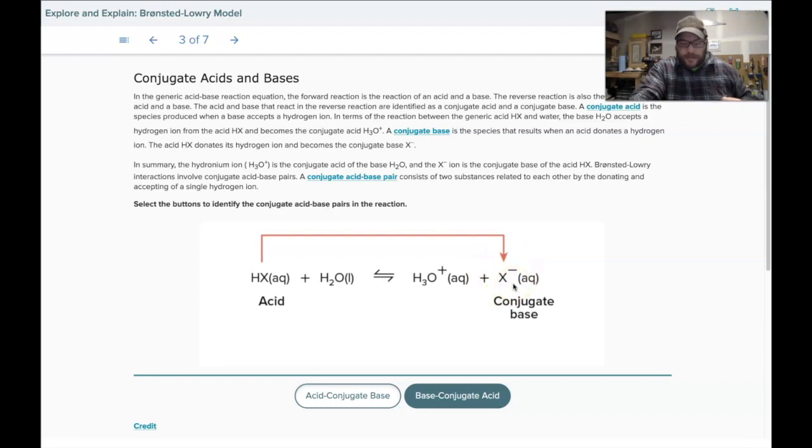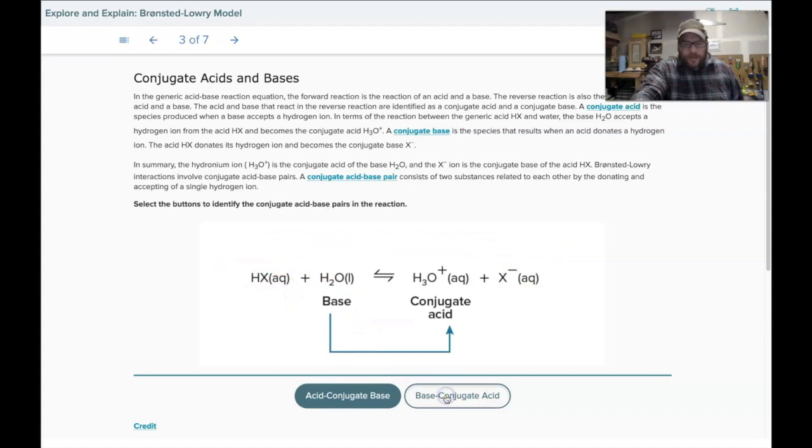And if you accept a hydrogen ion, then you're a base. So this is a conjugate base because it was formed when this acid gave up its proton, or its hydrogen. If we look at the base pair, here's our Bronsted-Lowry base, and it forms the conjugate acid, because now this hydronium ion could give up its hydrogen, and so it has those acidic properties.